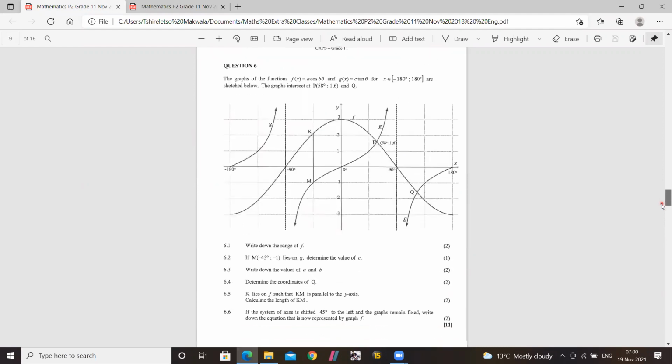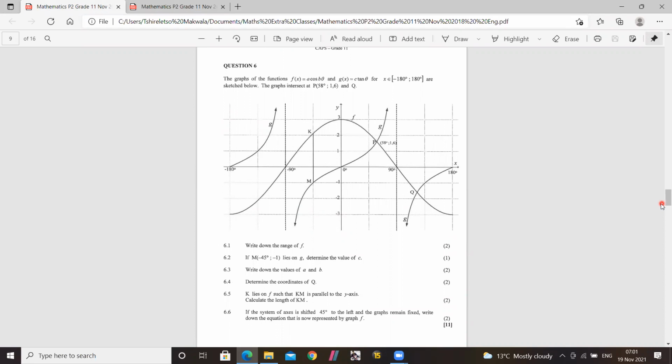So let's go to the last type of trigonometric questions, which are trigonometric graphs. They can either ask you to draw a graph or analyze a graph. In this type of question, they were asking us to analyze the graph. So let's do question 6.